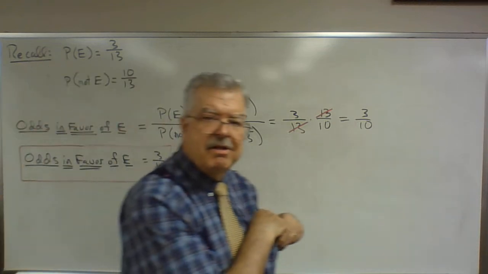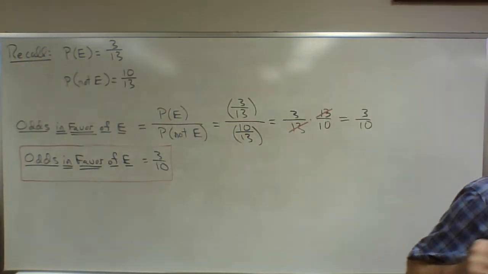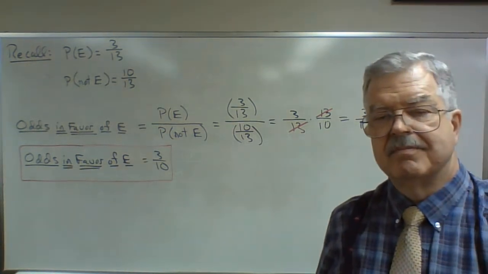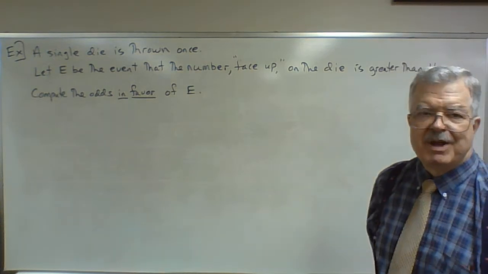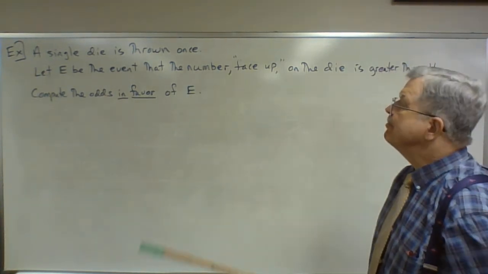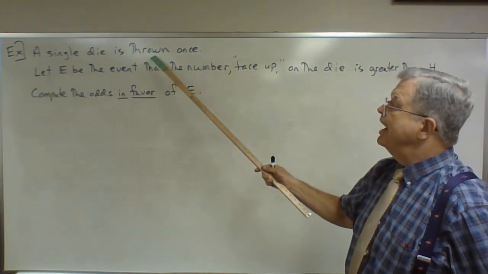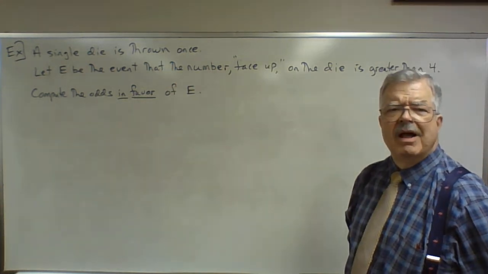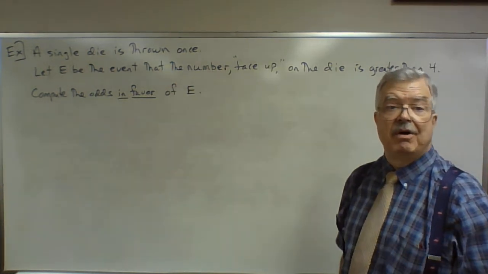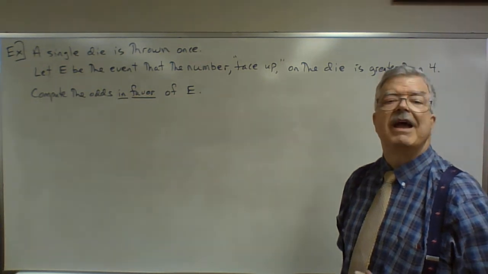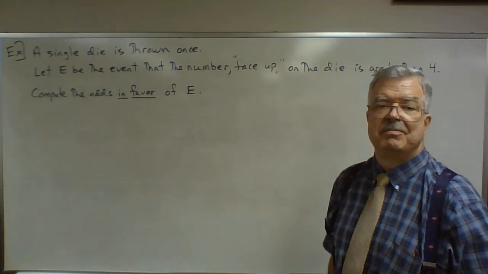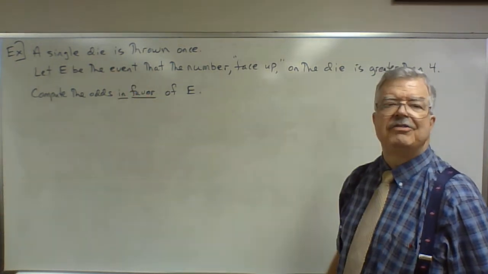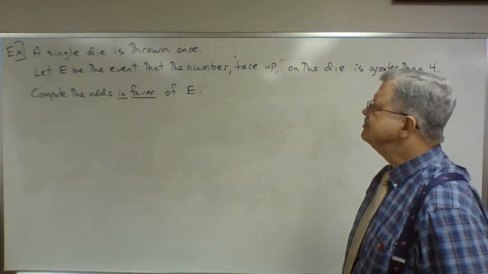Well, let's try another one. Hey everybody, we got another goodie. A single die is thrown once. What's a die? If we have a pair of them, we call them dice. Or if we have more than one die, we call them dice. So a die is just one of these six-sided cubes.